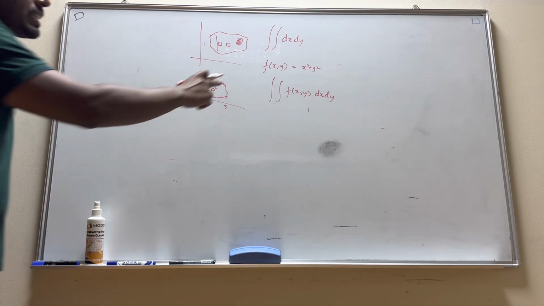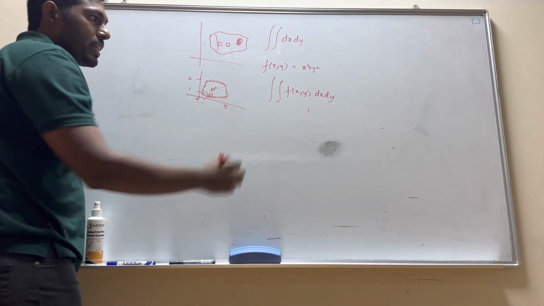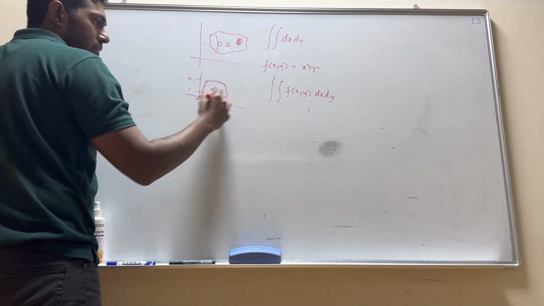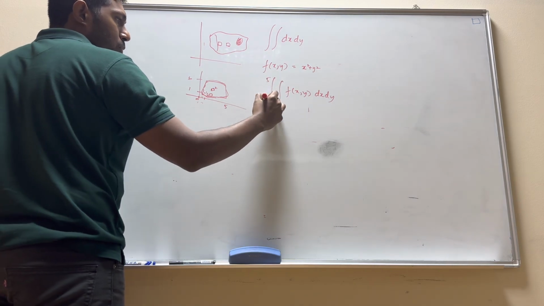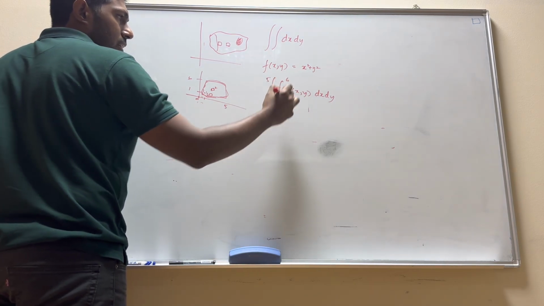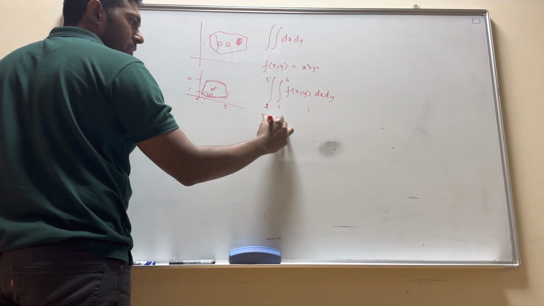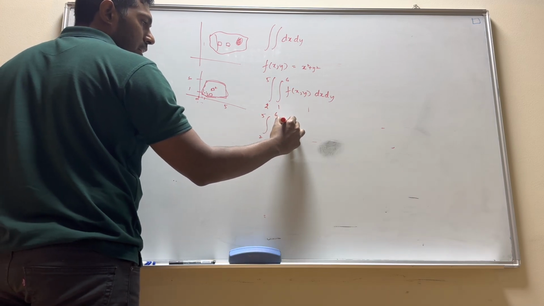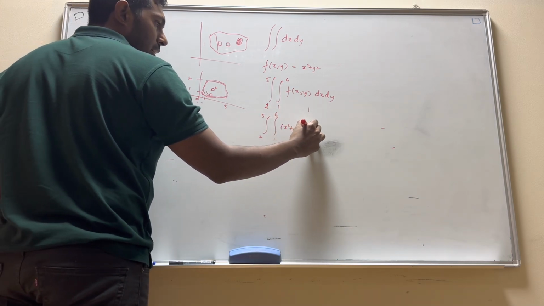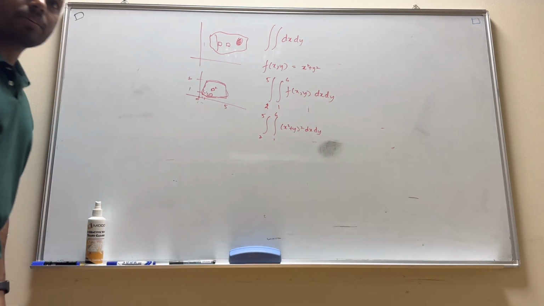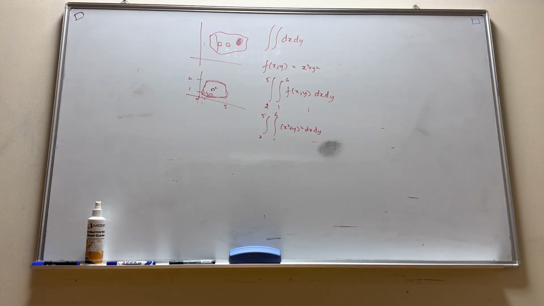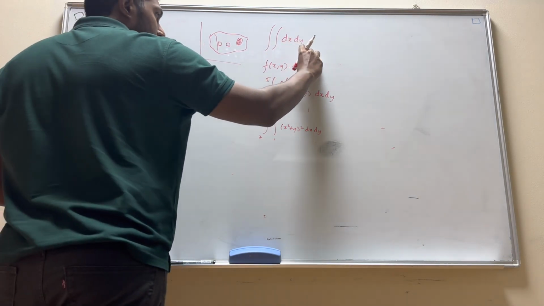So for example, f of x y is x square plus y square, and here I've kept the bounds from 2 to 5 and 1 to 6. So this becomes the integral from 2 to 5, 1 to 6, of x square plus y square dx dy. Actually, let's not do x square plus y square, let's do x plus y.